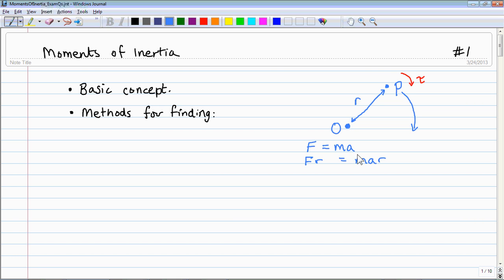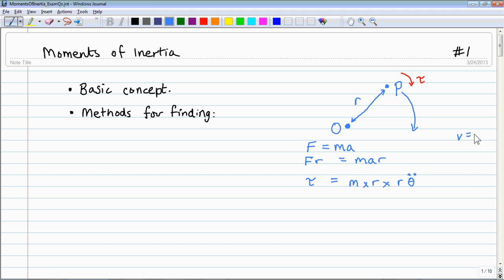It clearly is. But we just want to write it in a different way, which will work for any radius. So that Fr on the left is torque. But on the right, what do we have? We have m times the radius times a. Now, what is a? a is actually r theta double dot.